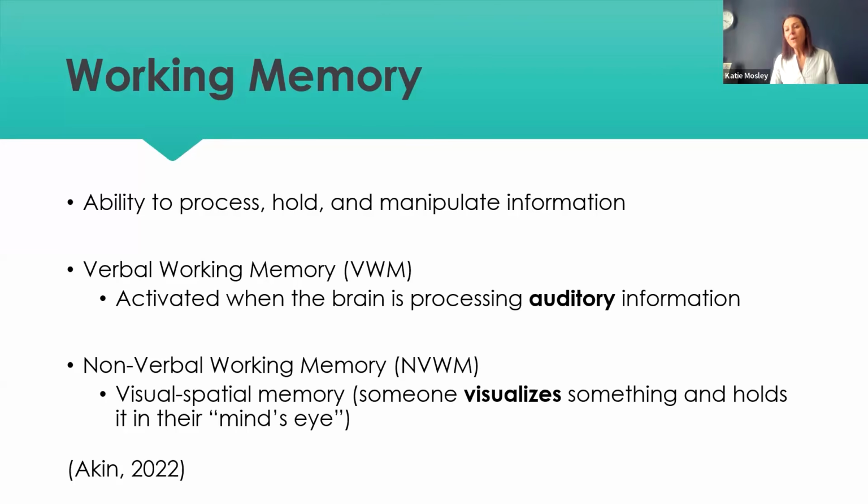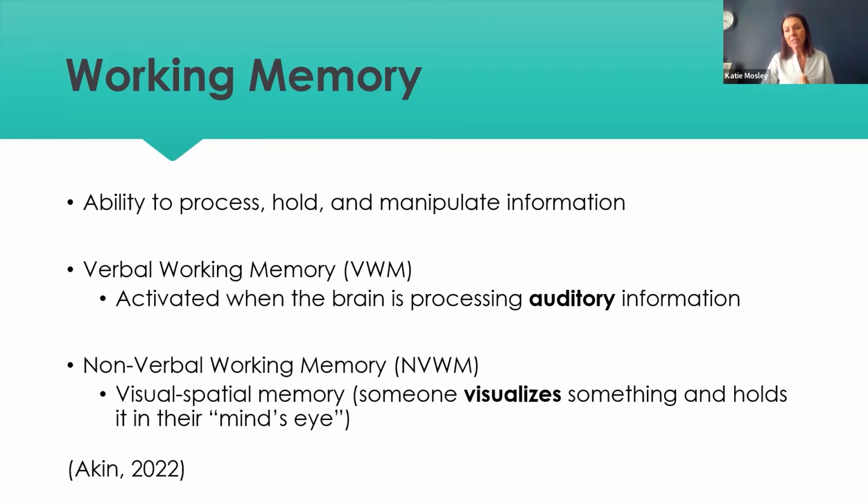And what we're really looking at today is working memory. Working memory is a little different from short-term memory, because working memory is accessing that short-term memory. We're getting some sort of new information, but we have to manipulate it in some way to come up with a new result.